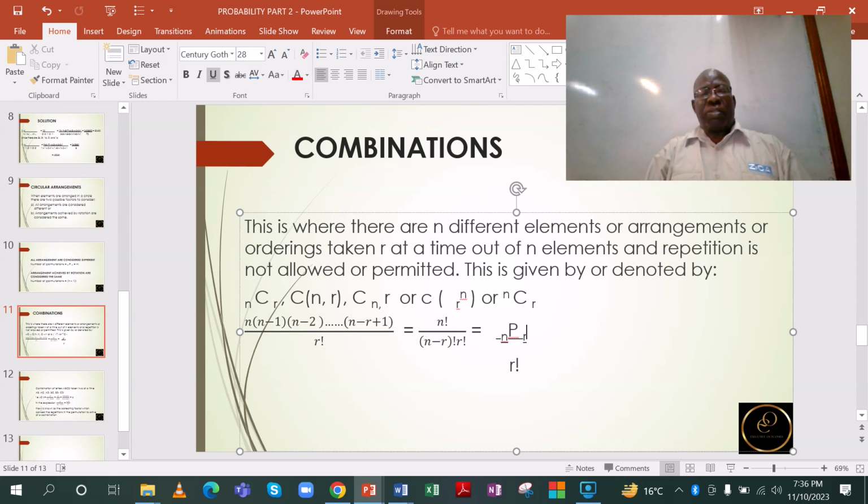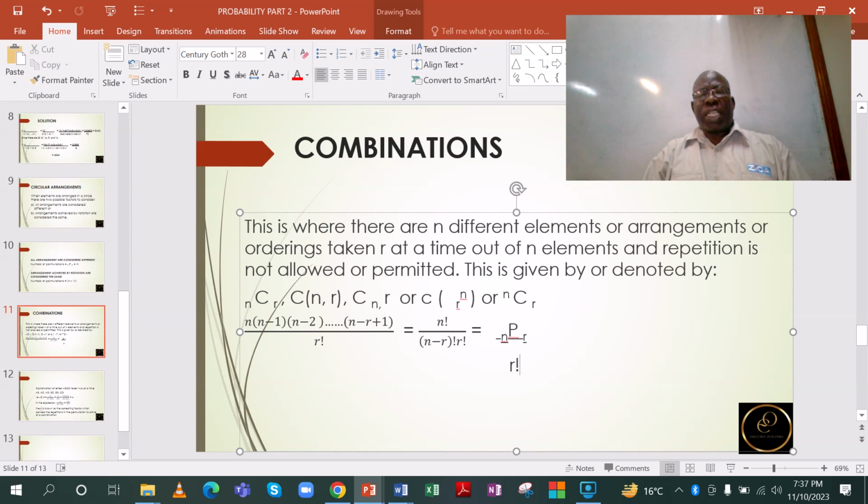We find that the formula is almost the same as the permutation, but what we notice is this r factorial down there. R factorial which is put down there means you are looking at a permutation divided by r factorial. This r factorial, which is the same as 1 over r factorial, is known as the correction factor.